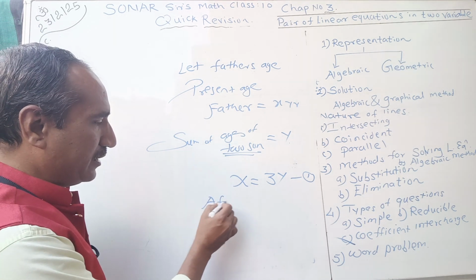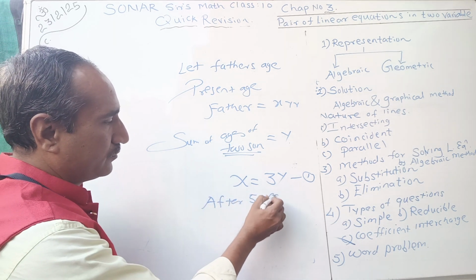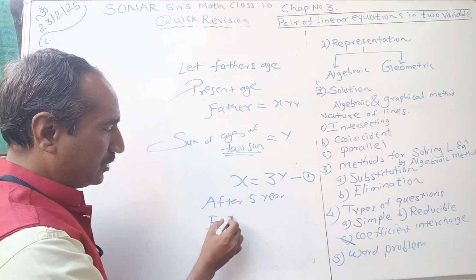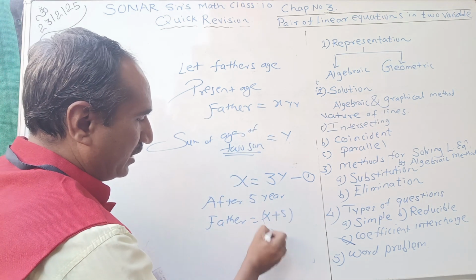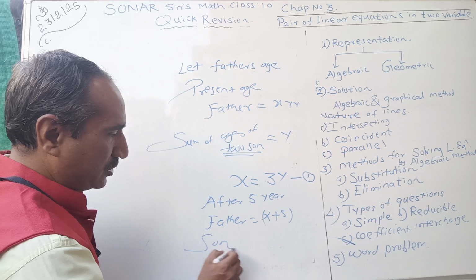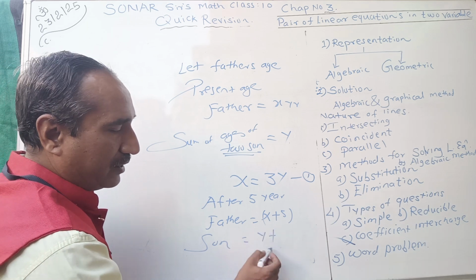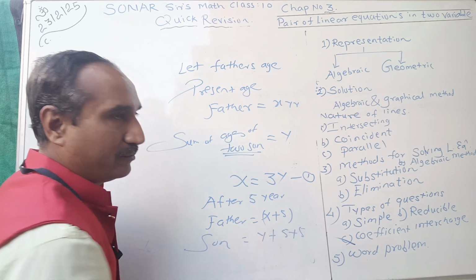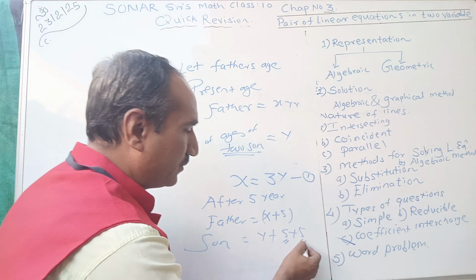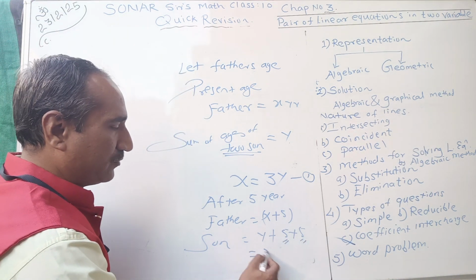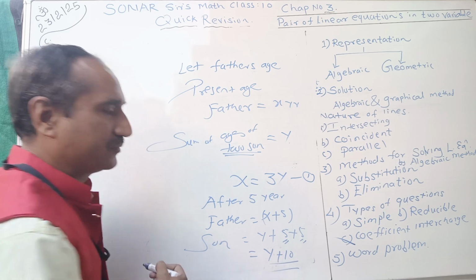After 5 years, father's age is x plus 5, and the sons' age is y plus 5 because two sons are there. So 5 for the first and 5 for the second, we have to add 10 here.